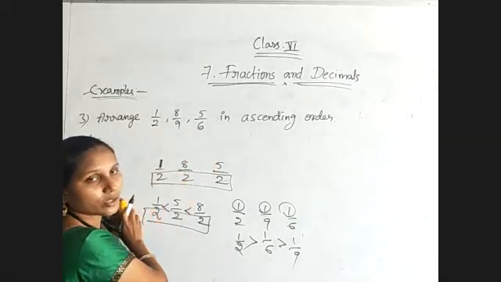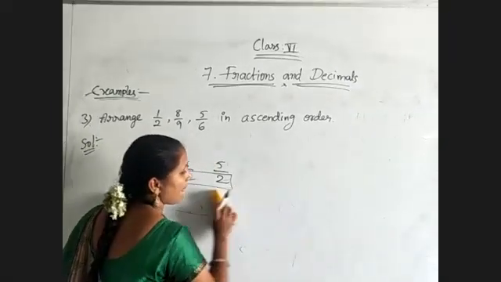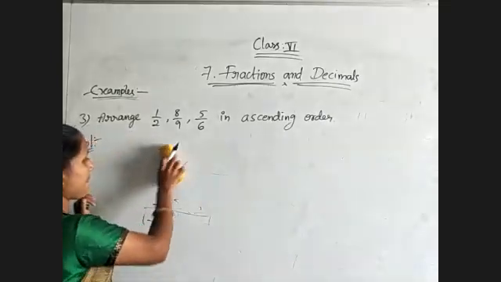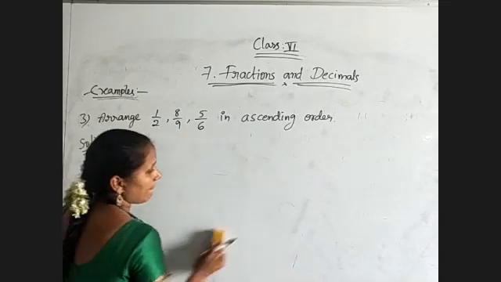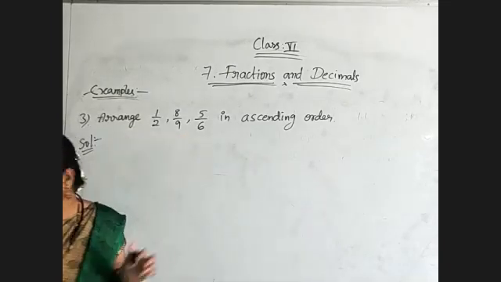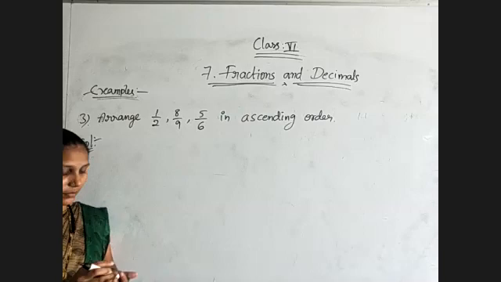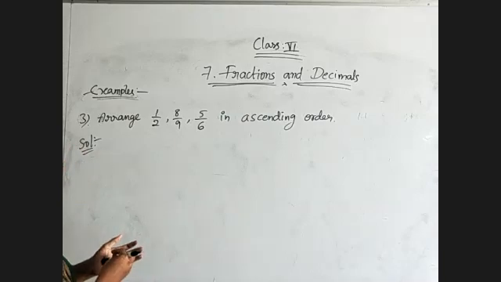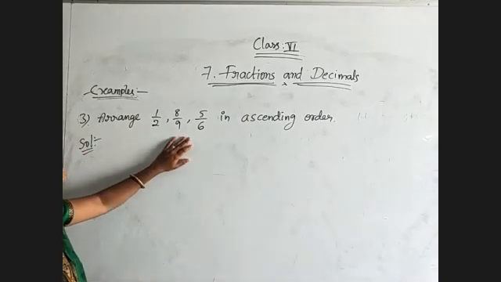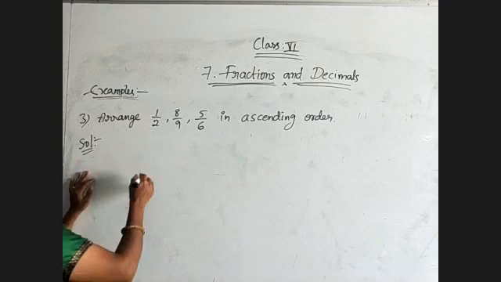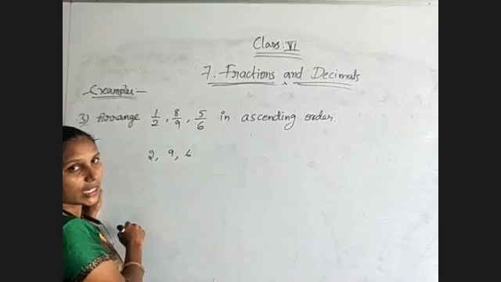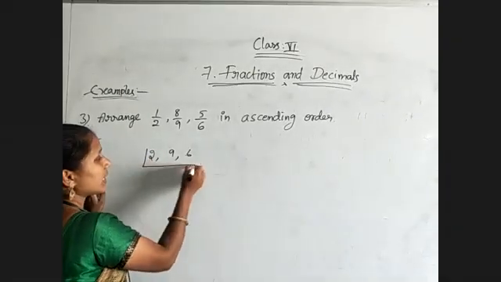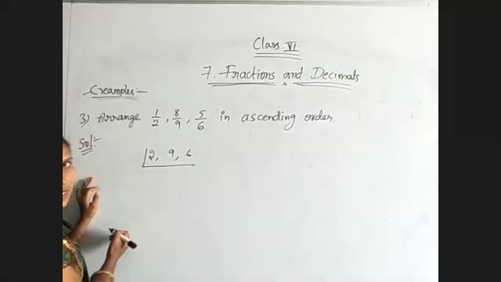Now see how we need to simplify. When you get unlike fractions, take the LCM of the denominators, that is 2, 9, 6, the three denominators here, and I am finding their LCM by using the division method.